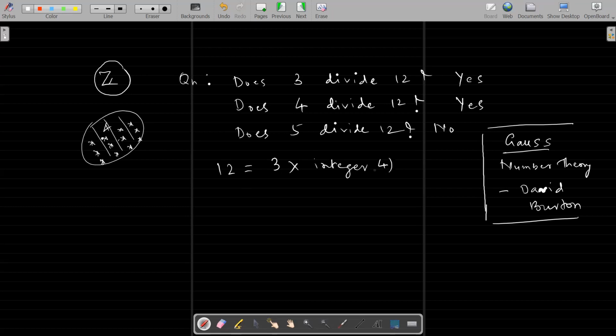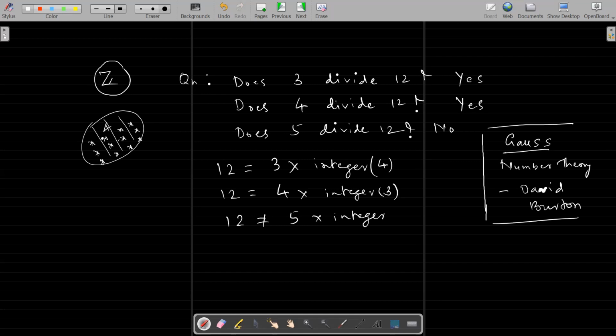Right? And the same equation I can also look at as 12 written as 4 into again some integer, namely 3. But 12 you can't write as 5 into some integer. Is that so?